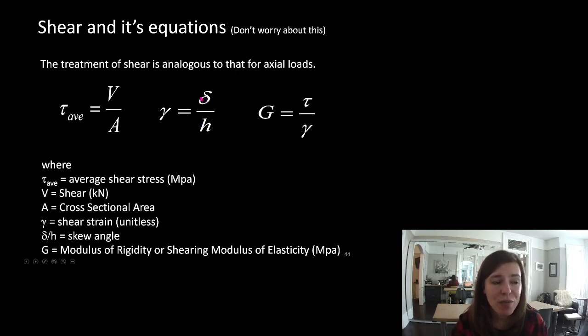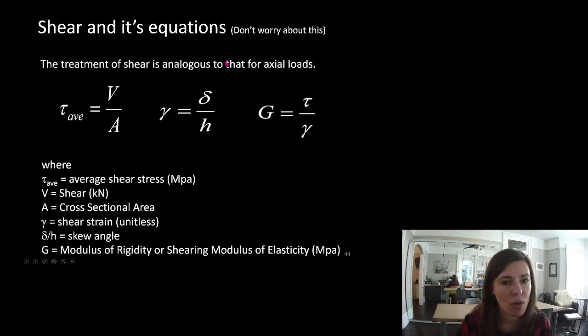So this looks very similar to our strain formula, but for shear. And this is G. It is our shear stress divided by our shear strain. So this G looks very similar to our modulus of elasticity. So it's our shearing modulus of elasticity, or modulus of rigidity.